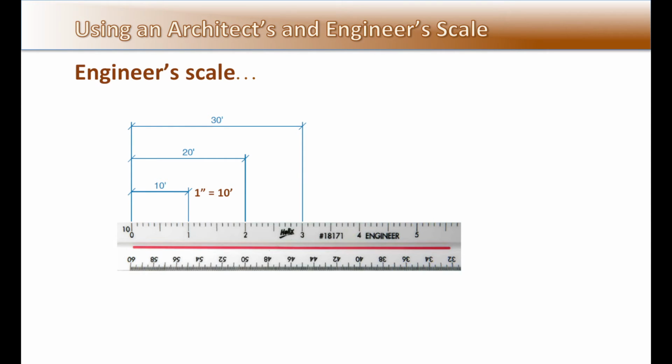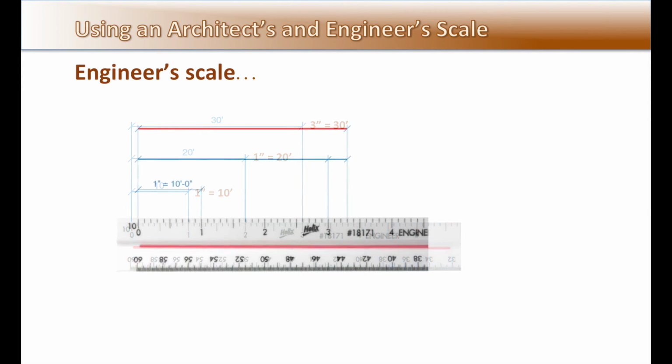When reading this scale, 1 inch equals 10 foot, 2 inch equals 20 foot, 3 inch equals 30 foot, and so on. Referring to the red line, a measurement from the 0 mark to the 3 mark equals 30 foot. The line extends 3 tick marks past the 3 mark. Each tick mark equals 1 foot, and the total measurement is 33 feet.